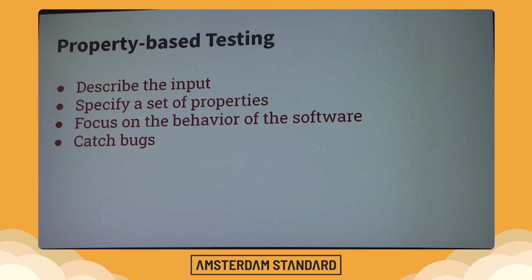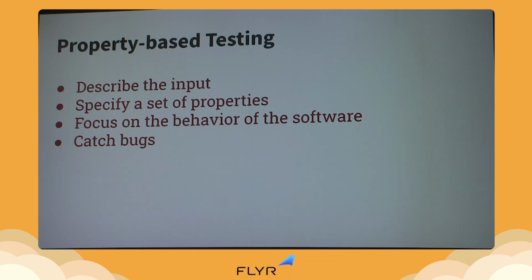And in property tests, we're explicitly specifying our assumptions, and we're then checking their truthfulness. This approach is very effective because it allows us to catch some bugs that might go undetected with example-based testing.